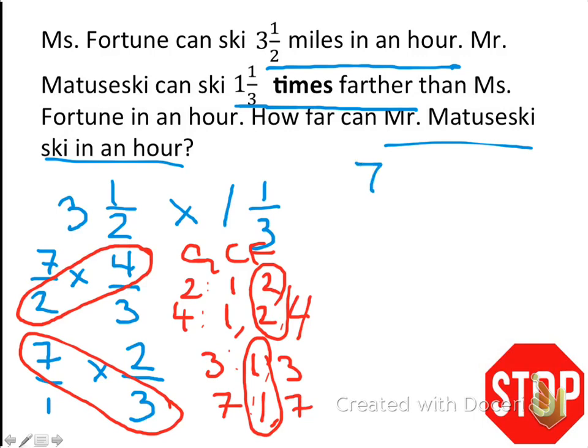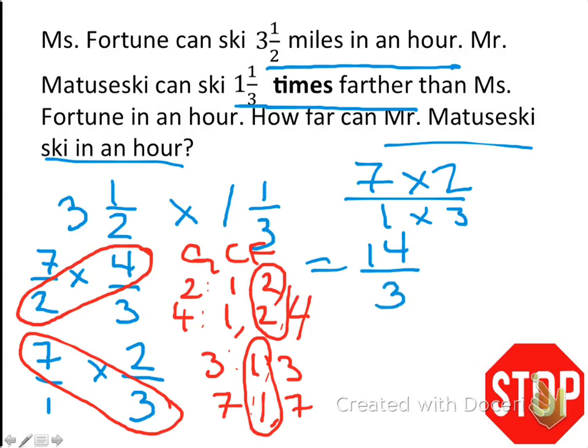And write it again up here so that I have a little bit more space. 1 times 3. We know 7 times 2 equals 14 over 1 times 3, which is 3. Now our last step is to simplify. So we need to take 14 and divide it by 3. 3 can't go into 1, but 3 can go into 14.